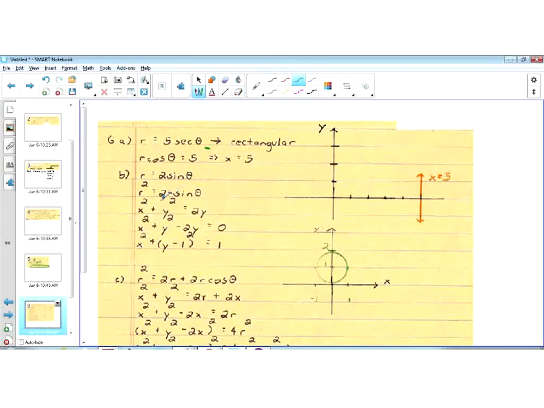Now we multiplied the right-hand side by r, and we were fortunate that in doing so, the r sine theta emerged, and we know that that is y. So we have x squared plus y squared is equal to 2y.